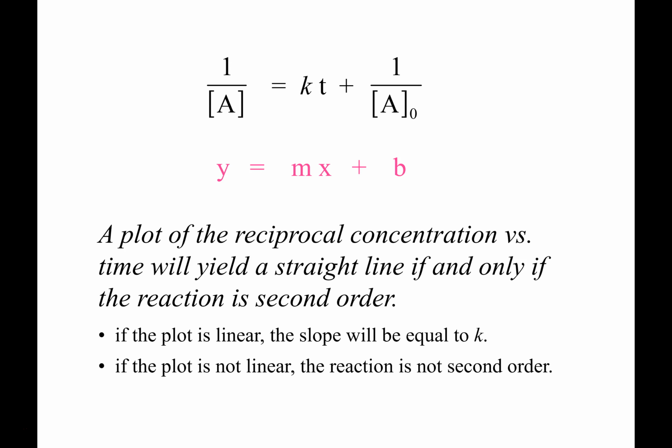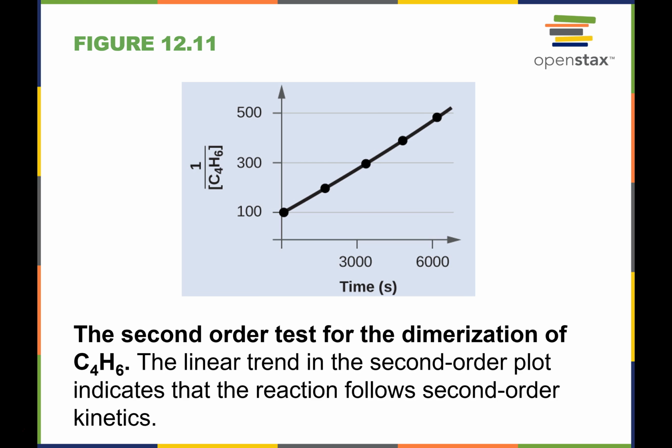If it fails to be straight, it's not second order. And if it is second order, from the slope you can just pick off the k. The same data that we looked at before that failed the first order passes the second order.